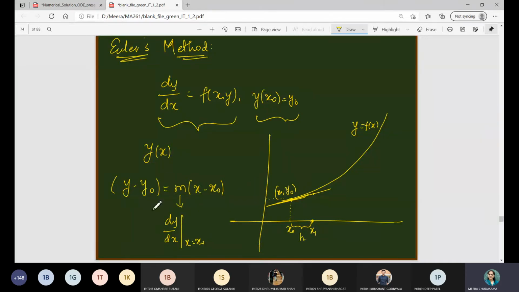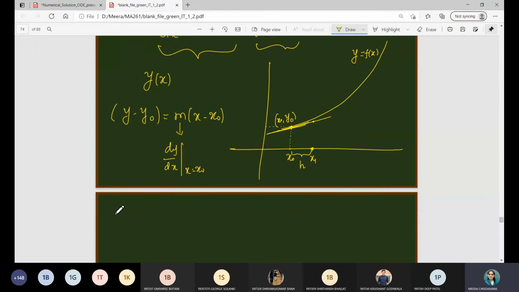So from here you will get the equation y equals y0 plus dy by dx at the point x equal to x0, multiplied by the whole quantity x minus x0.